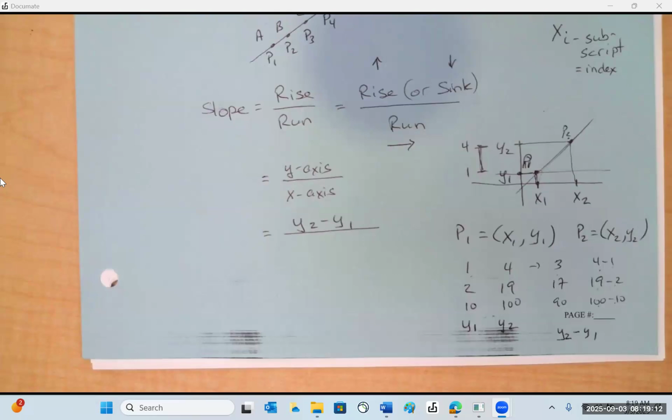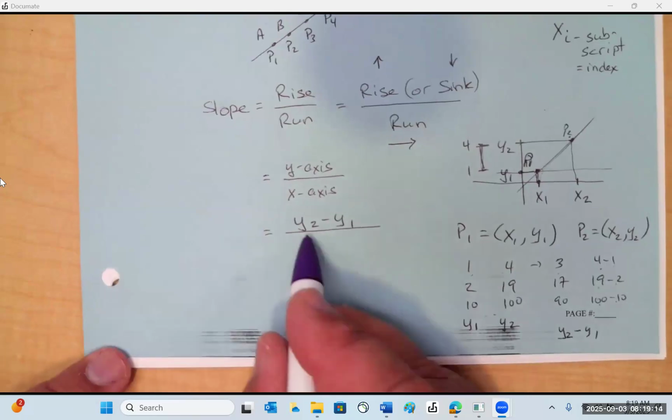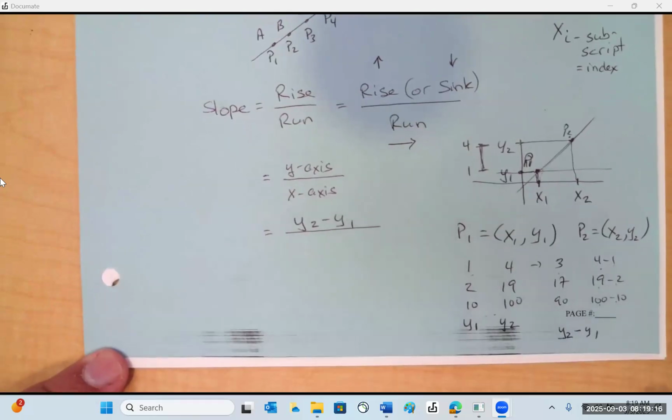What does y2 represent? What does y1 represent? Not points, what numbers? You're trying to define slope already.